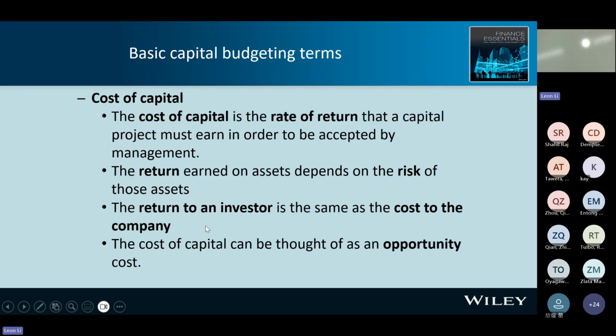All right. Finally, cost of capital can be viewed as an opportunity cost. So in finance, we consider opportunity cost. All right. So about this term, cost of capital, let me use my handwritten note to show you my understanding about cost of capital.